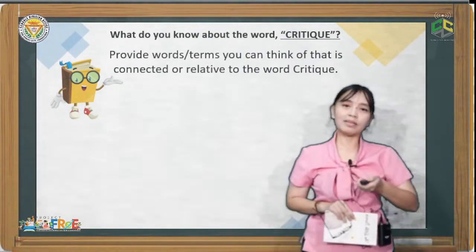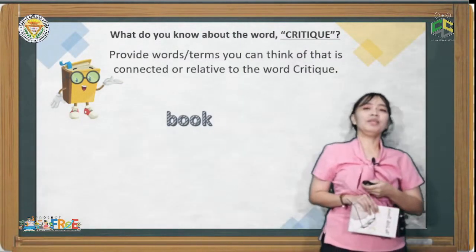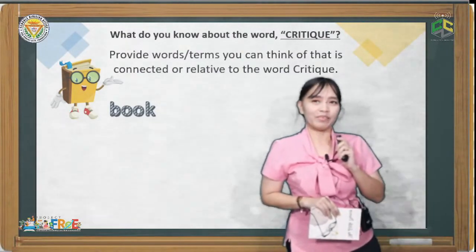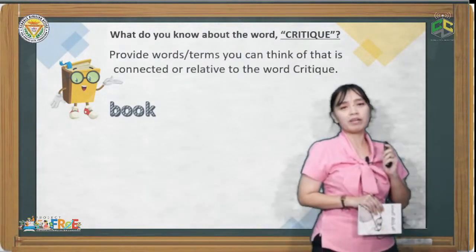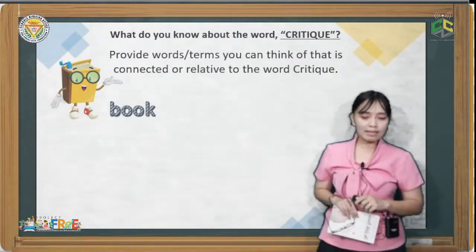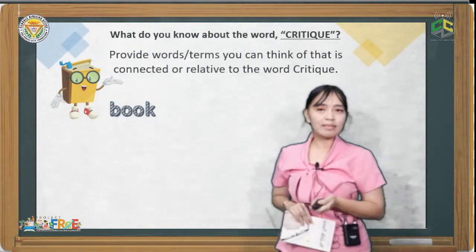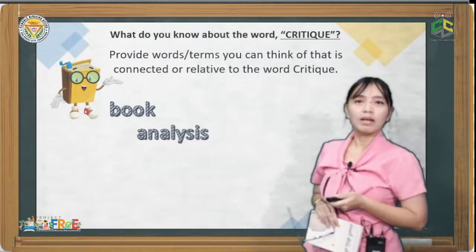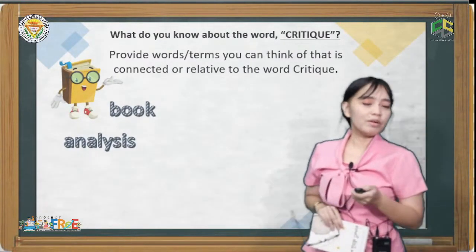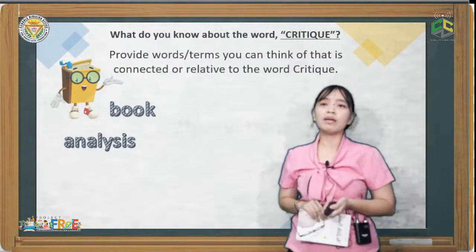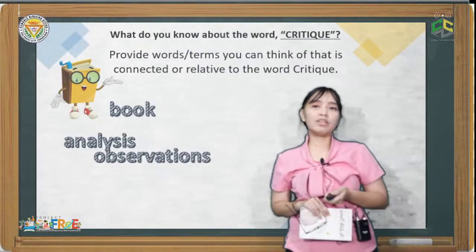So let's all begin. Oh, okay. So somebody did say book. I can see that word right there. Thank you for sharing that. Very good. And also, I can see here somebody saying, yes, analysis. Very good. Okay. So what else do you have in mind? Yes? Okay, so we are seeing right here the word observations.